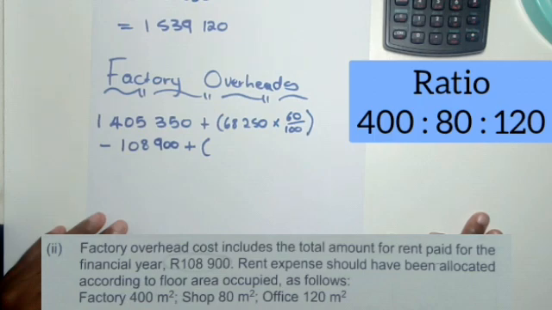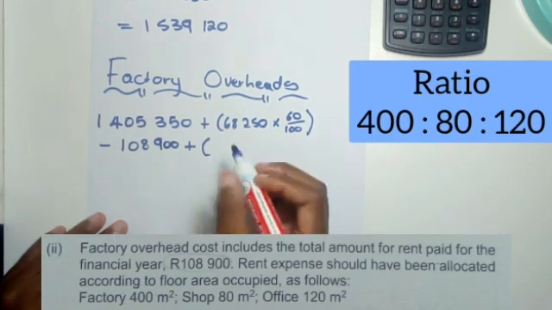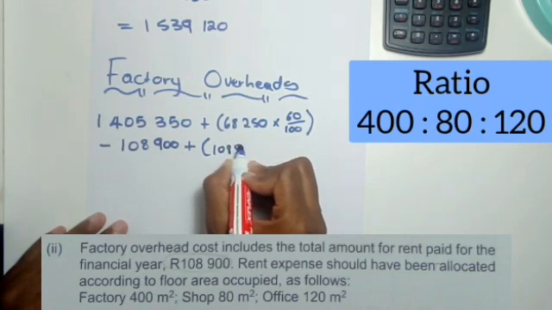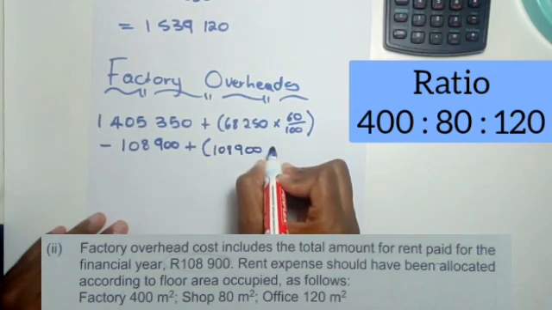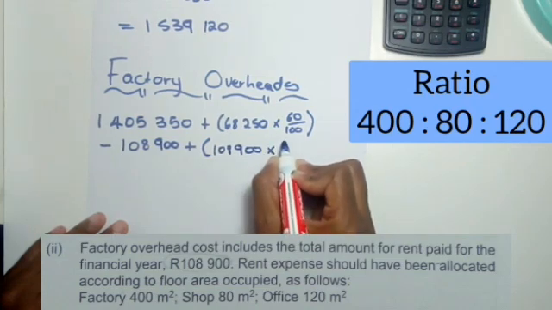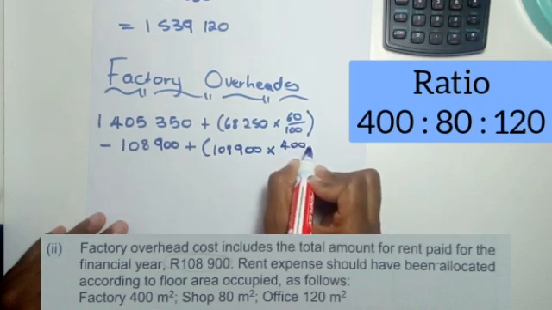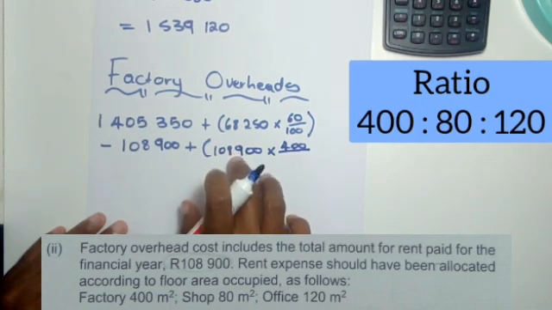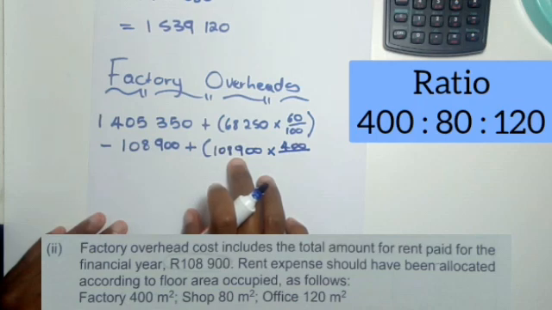The portion that belongs to the factory is 400. So out of the 108,900, what we were interested in was the portion that belongs to the factory alone, which is the 400. This amount represents all of those spaces, meaning the factory and the shop and the office. So in this amount we have all of those 3 spaces.